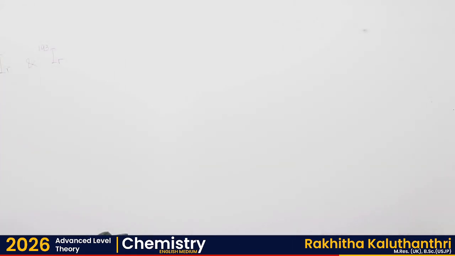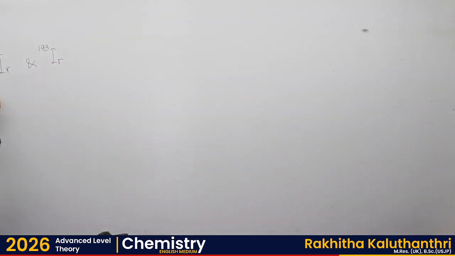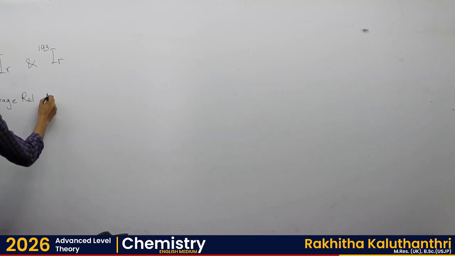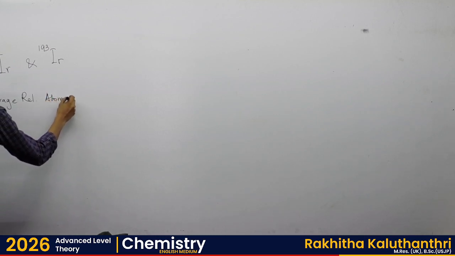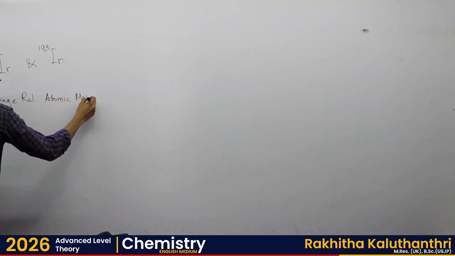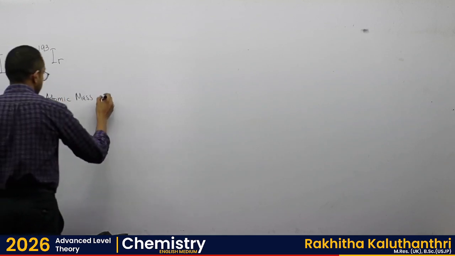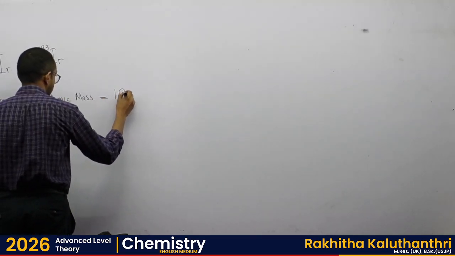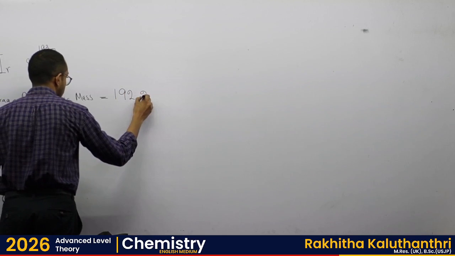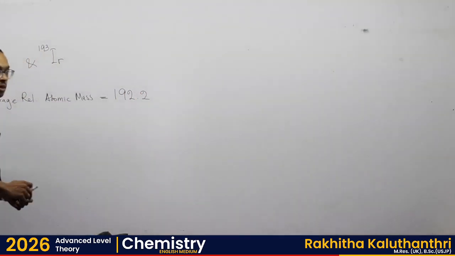And then write the average relative atomic mass. The average relative atomic mass is 192.2.